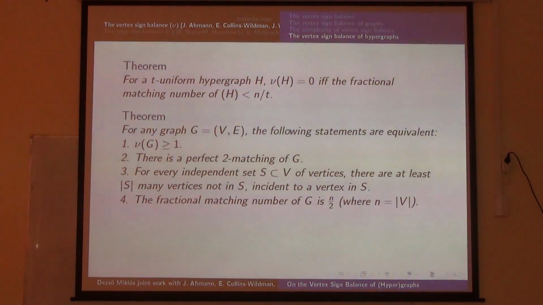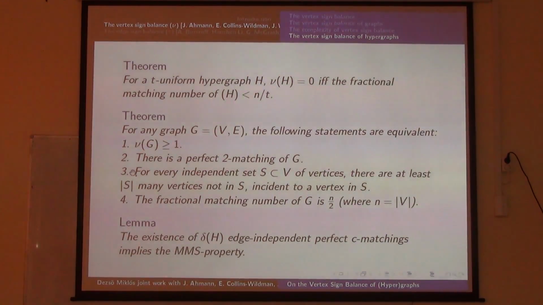But definitely part of the conclusion we got for the graphs is also true for the hypergraphs. Unfortunately, you cannot prove, and probably it's not true, that the existence of delta edge independent perfect matchings for some certain constant would be equivalent to the property, but at least definitely it implies it.